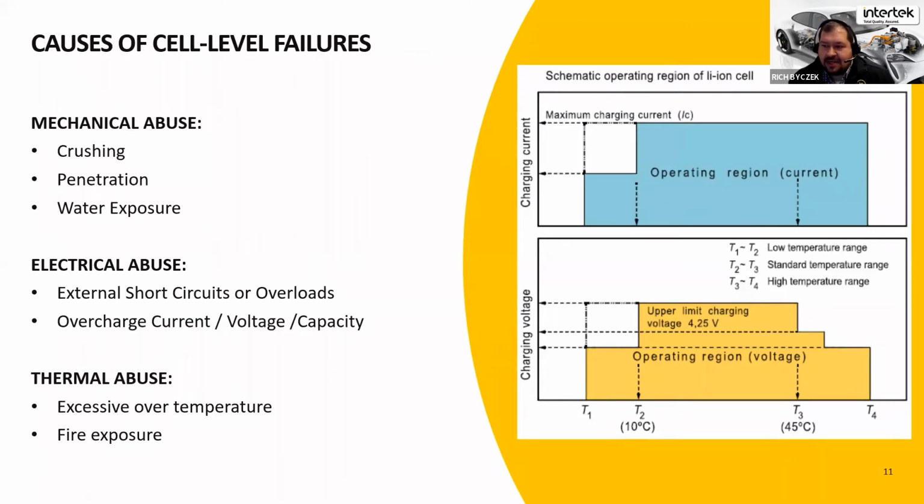So here, the temperature is shown across the lower axis, but you would actually have a combination of current, temperature and voltage all have to be within a certain envelope to make sure that the battery will function as expected, that a charging event can allow the battery to get to its maximum available charge, and a discharging event is going to allow it to go down to its maximum available capacity and be reversible.